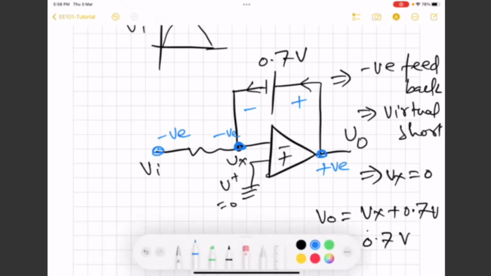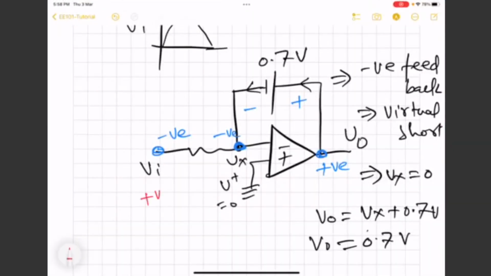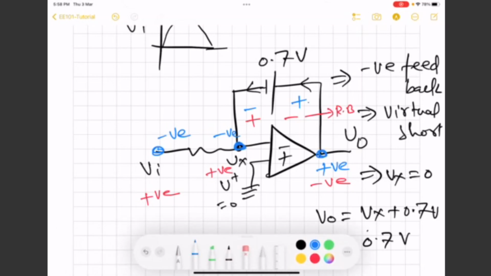Similarly, if we have positive here, so this is going to be positive, that will give rise to negative output, and then we will have this polarity, and this polarity will ensure a reverse bias diode. So diode will be open, no feedback loop, and then virtual short will not be applicable, and then you can estimate what will be Vx.